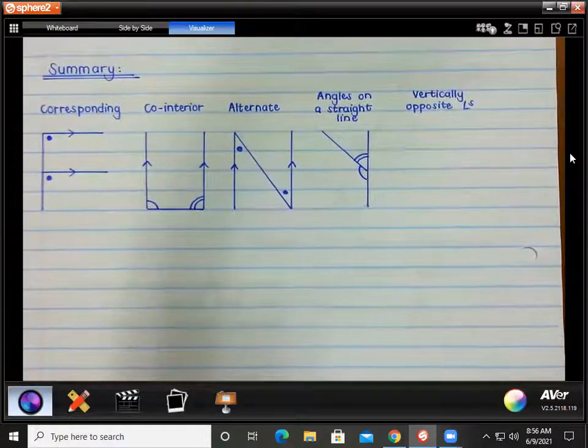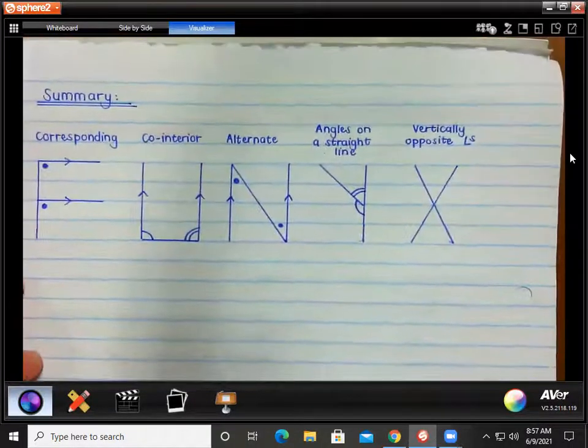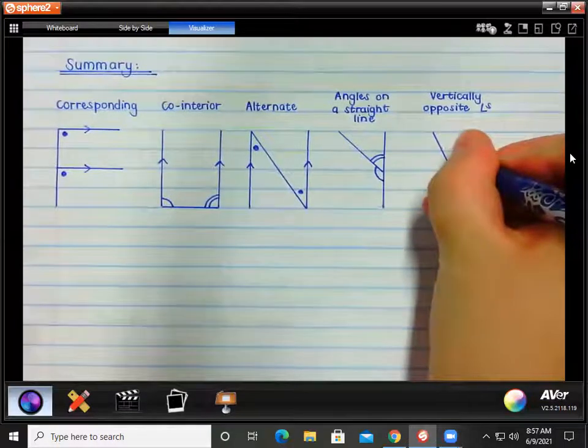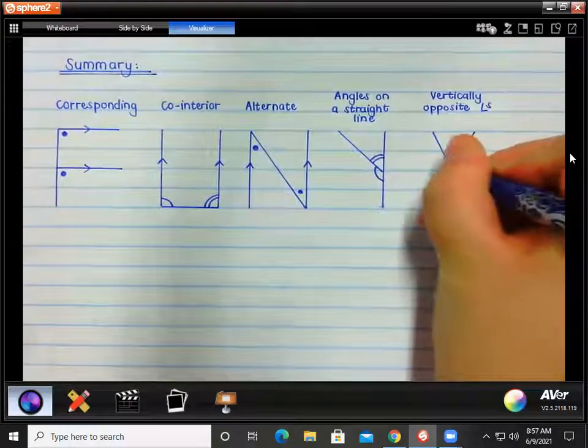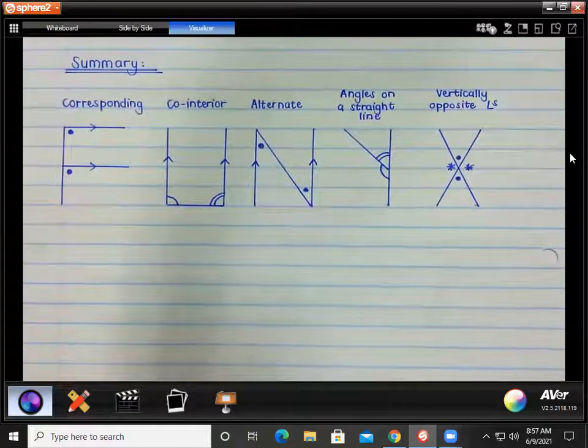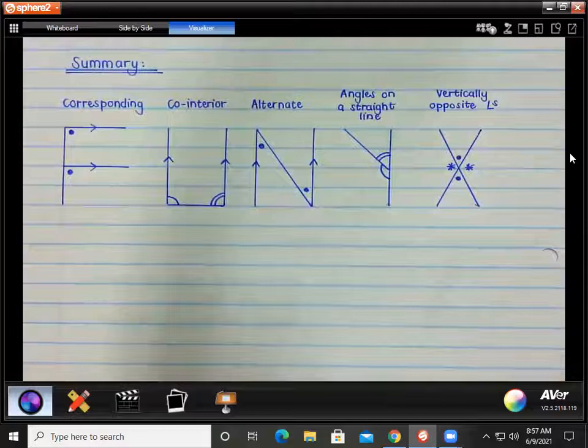Please do this quickly so that I'm not covering everything. You don't need parallel lines.